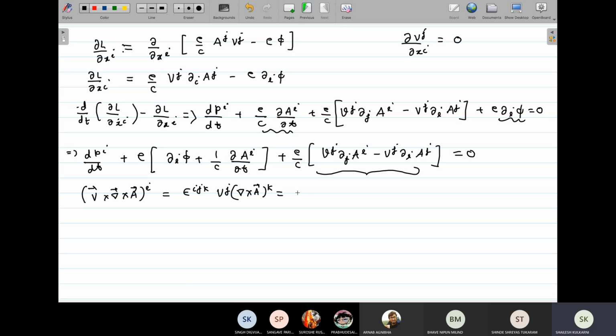This is equal to epsilon_ijk v_j (del cross A) kth component, which is given by epsilon_klm ∂_l A_m, because in our notation this is equal to ∂_l A_m.